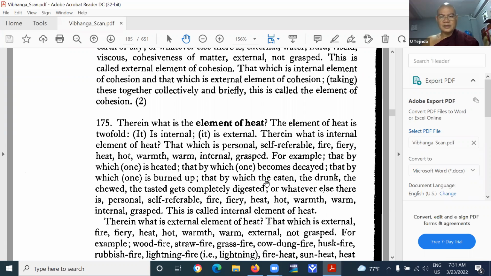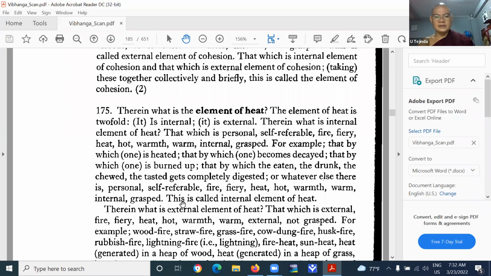That by which the eaten, the drunk, the chewed and the tasted gets completely digested. Something digested, what you have eaten, what you have drunk, what you have swallowed. So it comes to the digested state, or whatever else there is personal. So this is called the internal heat element.